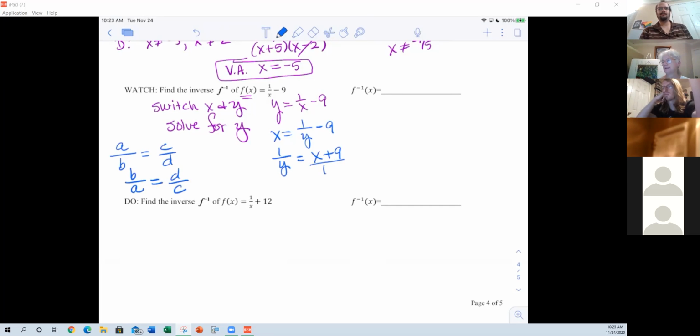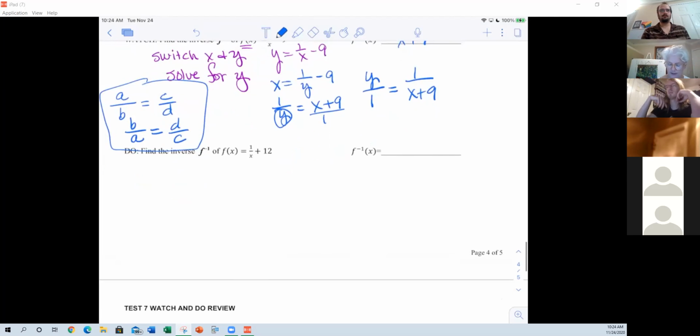So in this case, since I'm trying to solve for y and y is in the denominator and I want it in the numerator, I can say y over 1 equals 1 over x plus 9. We could solve that by doing cross product, multiplying through by the lowest common denominator, whatever we want. But if you know this is true, that makes it a little bit easier.